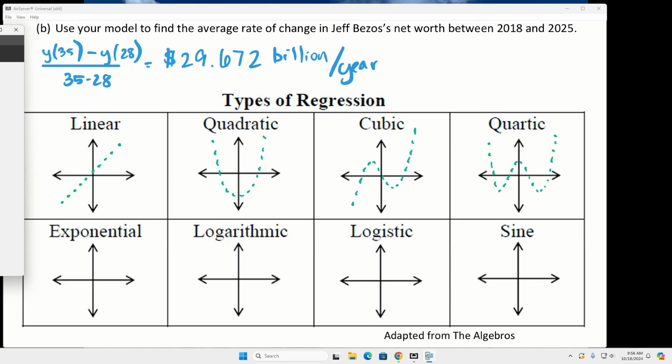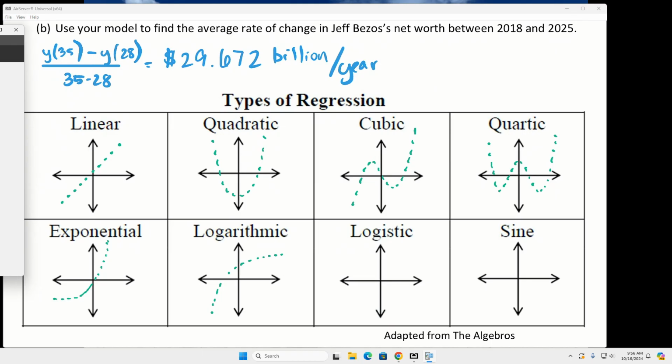All right, Unit 2, we'll learn all about exponential and logarithmic. So an exponential function has a horizontal asymptote, and then it increases really, really quickly. That's not the best exponential, but it's okay. Logarithmic has a vertical asymptote. And logistic actually has two horizontal asymptotes.